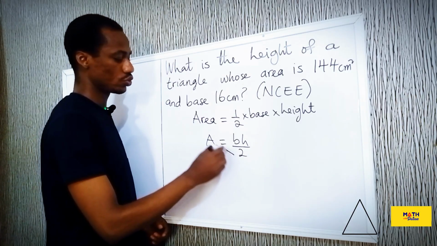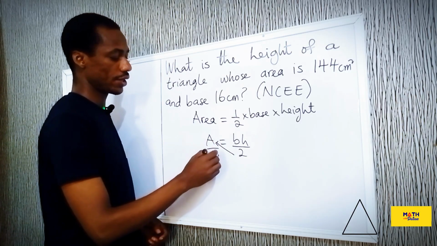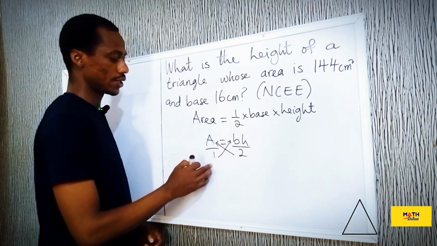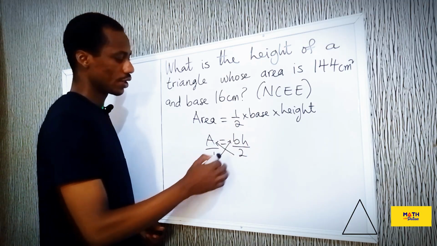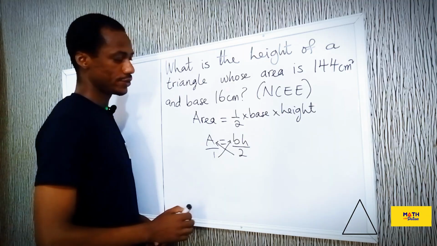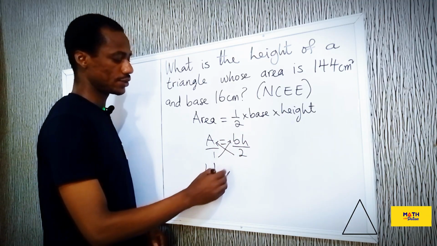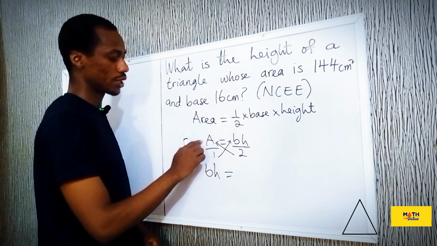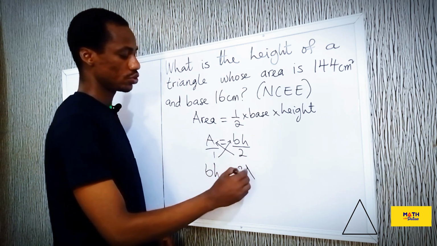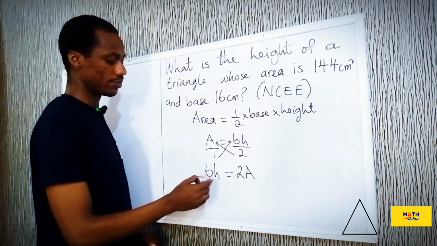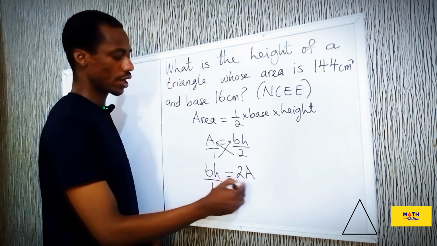So 2 we multiply the area, and 1 we multiply base times height. 1 times base and height gives you base and height equals 2 times area, 2A. Then we divide both sides by the base.